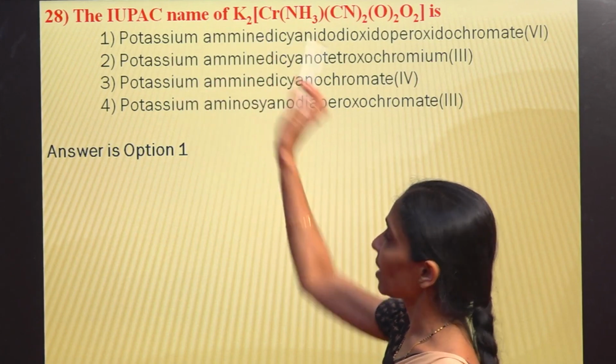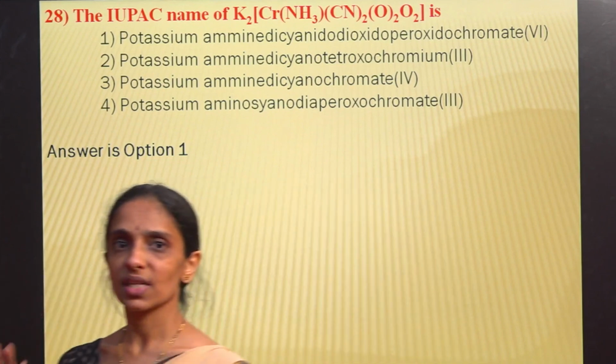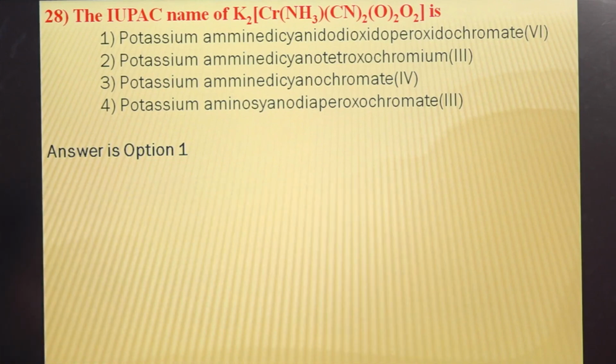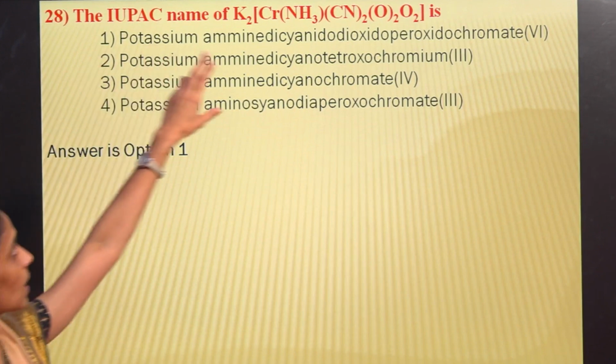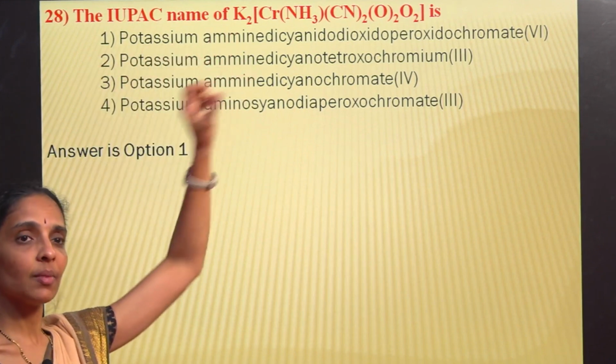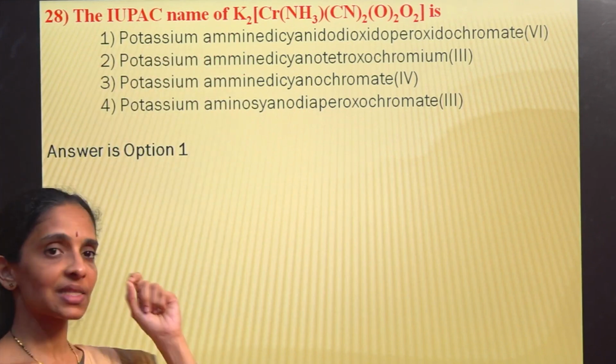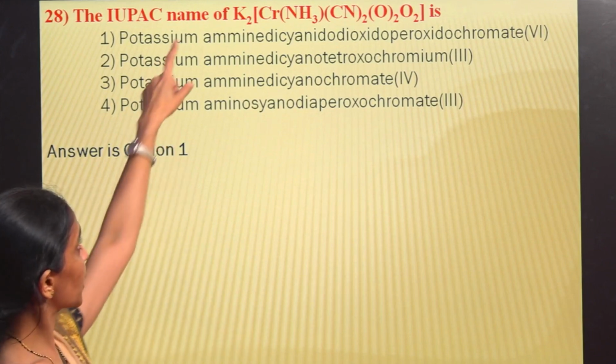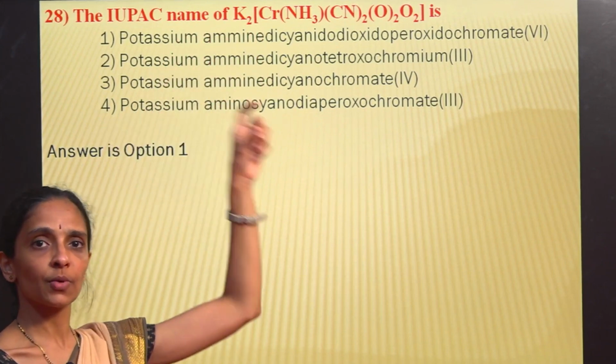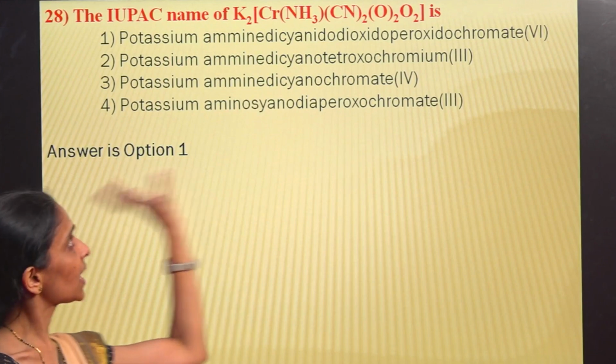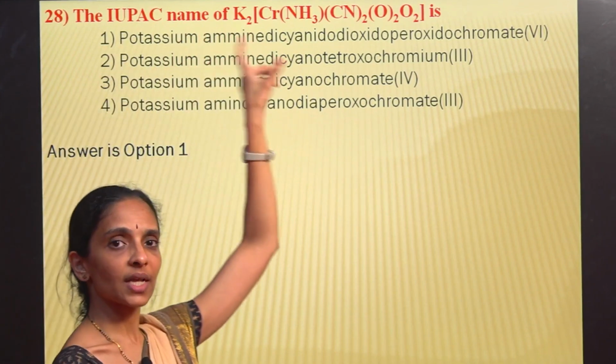But remember one thing, whatever comes outside the square bracket is written by its name without adding any prefixes like di, tri, etc. Here there are 2 potassiums, but you do not write dipotassium. You have to just write potassium.